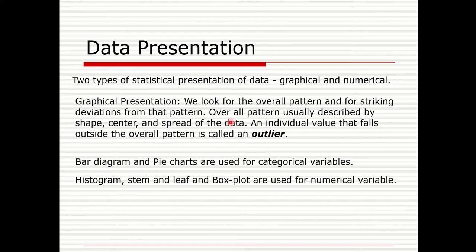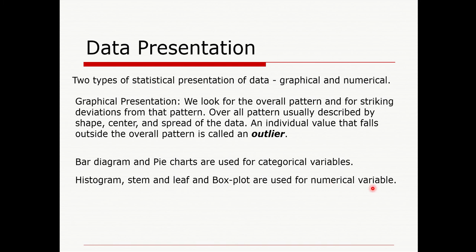So we can have outliers, and we have just seen that we have to omit these outliers. A bar diagram or pie charts are used for categorical variables. What this means is, if we can write them in groups, if we can categorize them, we can use bar graphs, okay? That's better for them. Histogram, stem and leaf, and box plot are used for numerical variables.